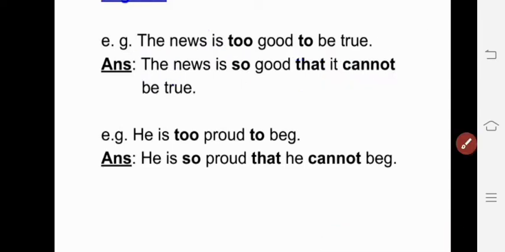Now second sentence: he is too proud to beg. Here "he" is the subject, then "too" and "to".